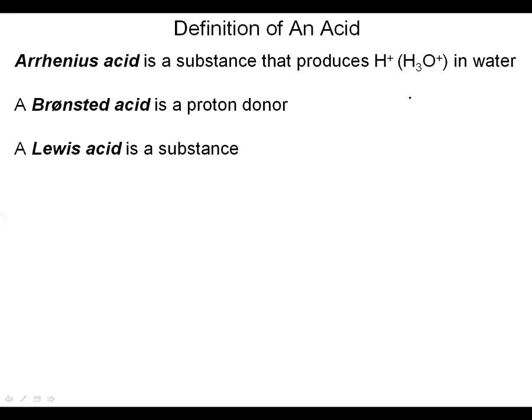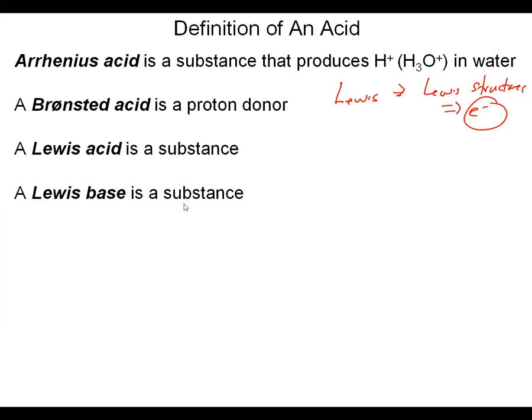When we think about Lewis, we think about Lewis structures, and when we think about Lewis structures, we think about electrons. So Lewis acids and bases deal with a definition that actually deals with electrons, which is an easy way to remember it, since that's usually what we think about when we think about Lewis.